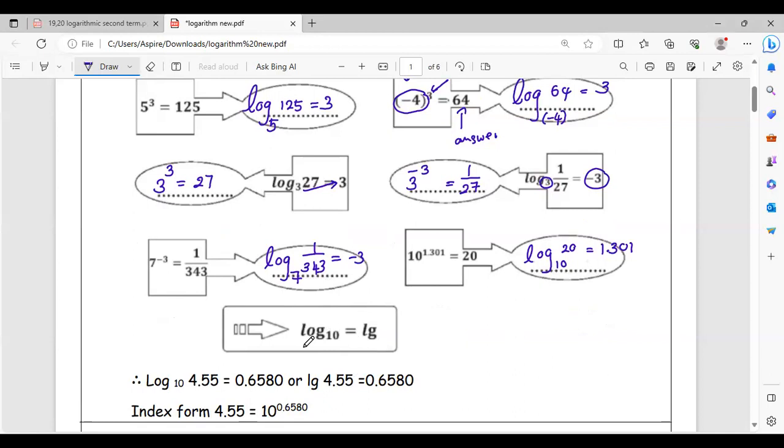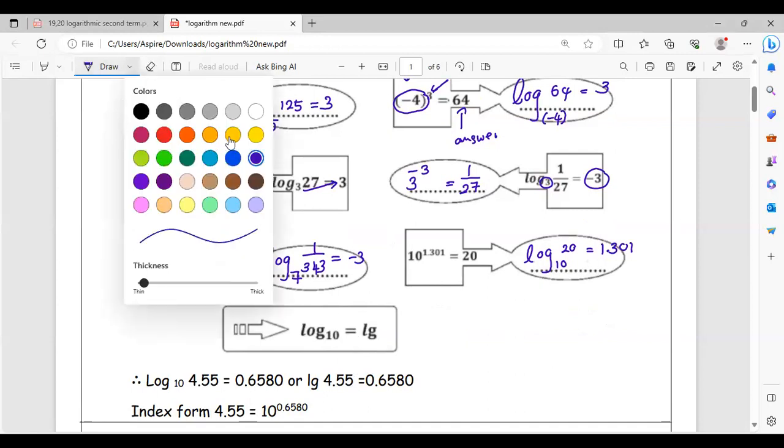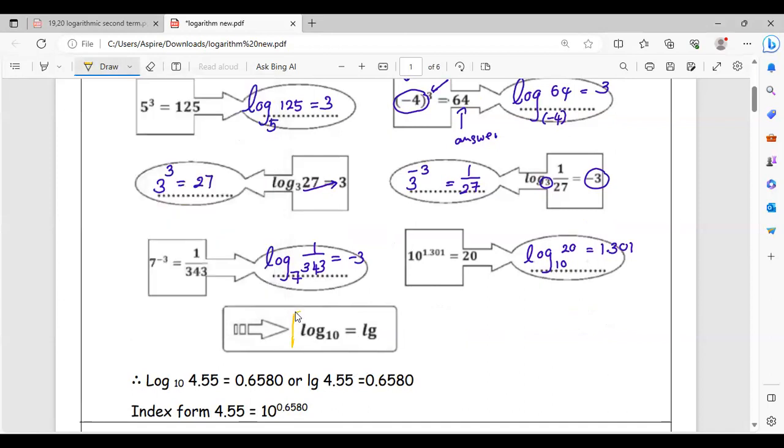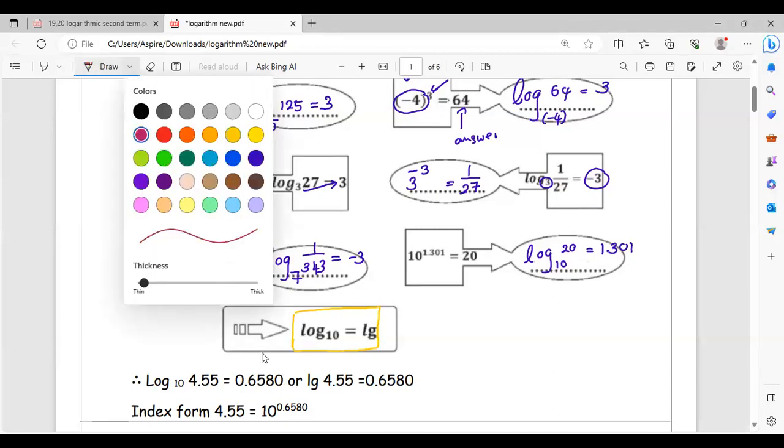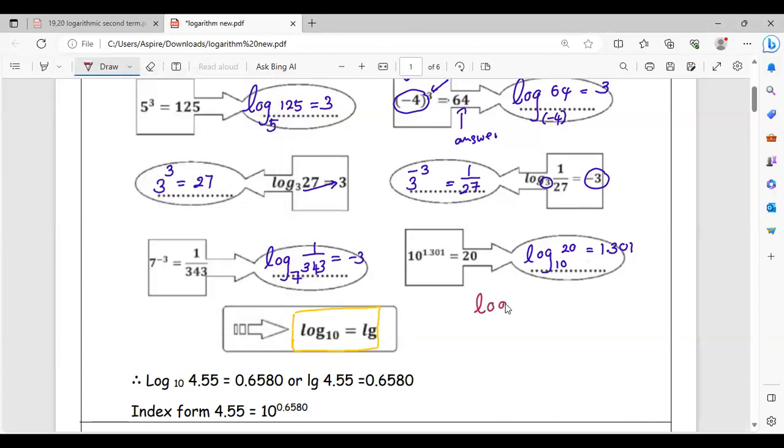Then here it is given logarithm of 10, that is, the logarithm to the base 10. Logarithm of a particular number to the base 10. That means when a log term is written with the base 10, you can write it in short as LG. Then look here. They have given a small example. Logarithm of 4.55 to the base 10 is equal to 0.6580.